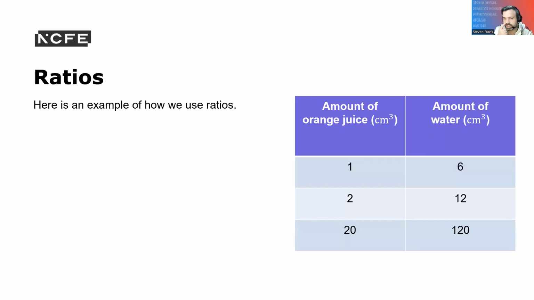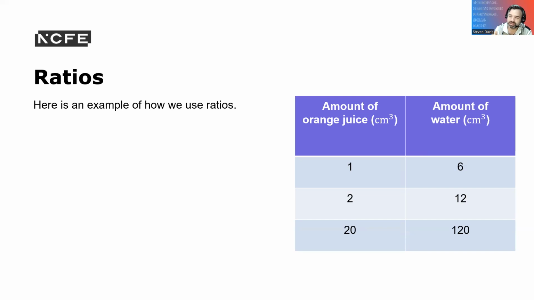So just looking at ratios, here is an explanation of how we use ratios. You can see here we've got the amount of orange juice that needs to be diluted with water.